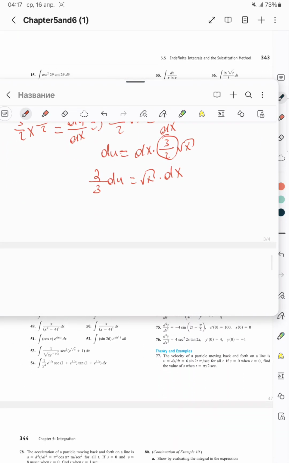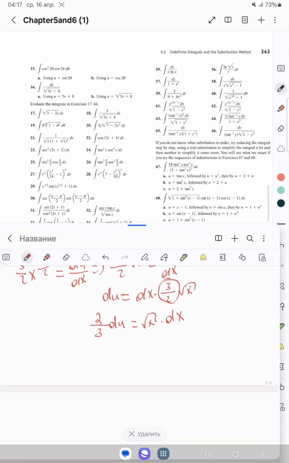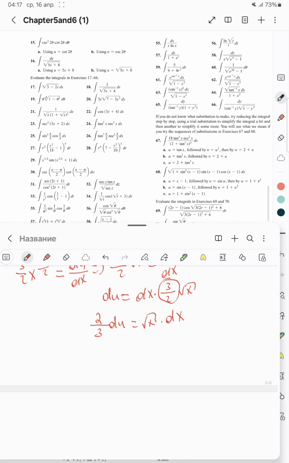Now let me do some interesting examples. From 17 to 66, we have to find what u is by ourselves. Yeah, it's a tricky part. I won't do all of them.